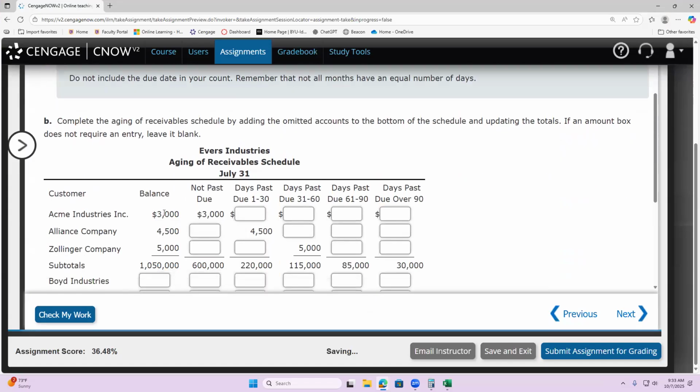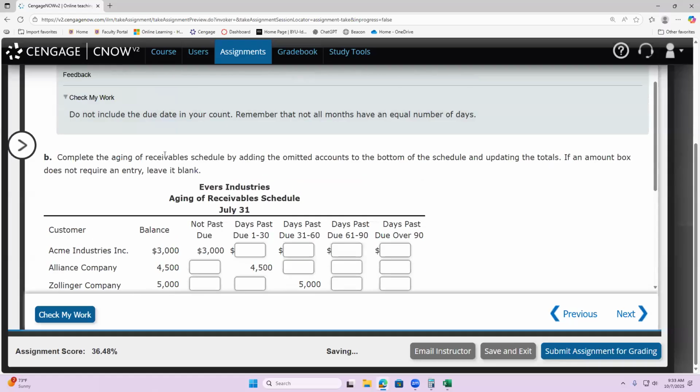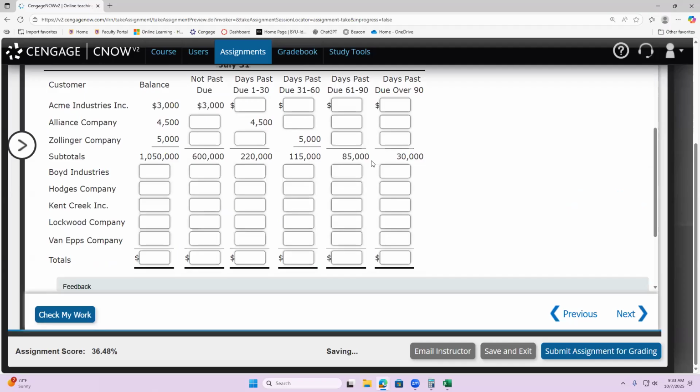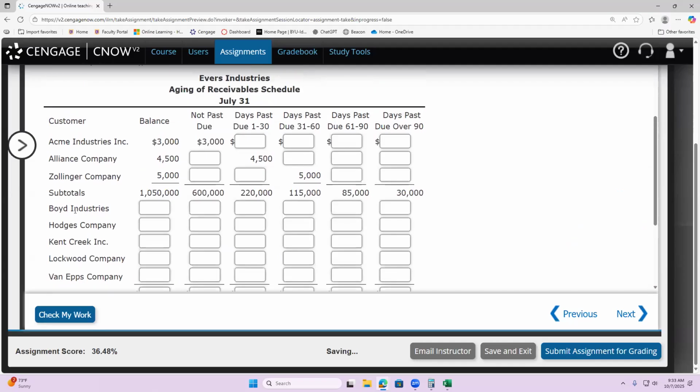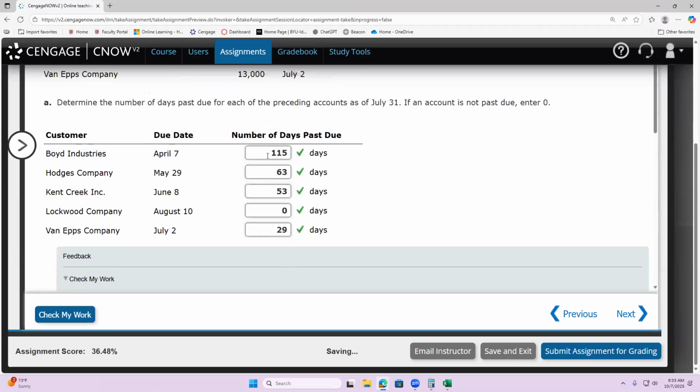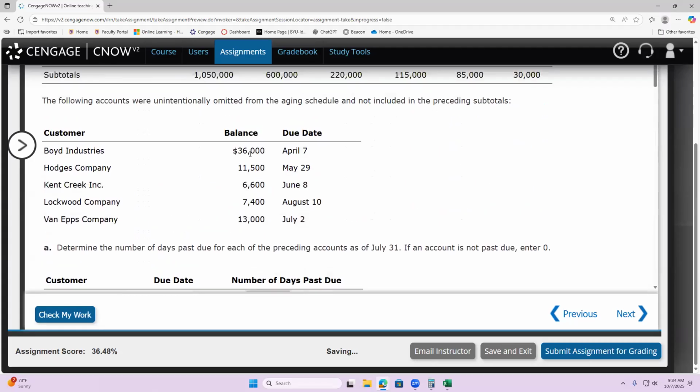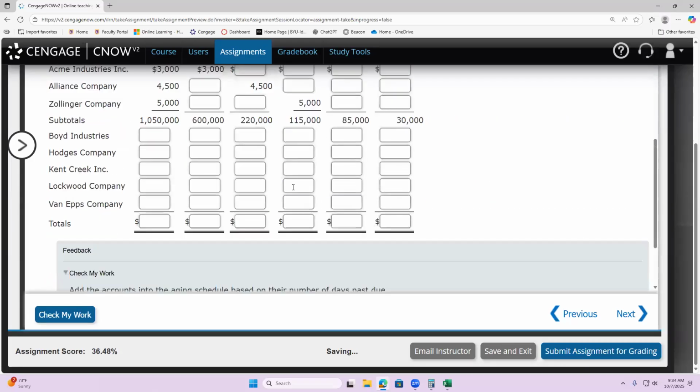Anyway, now it says complete the aging of receivable schedule by adding the omitted accounts to the bottom of the schedule. We already had these accounts in here. Boyd Industries is 115 days past due and they owe us $36,000.